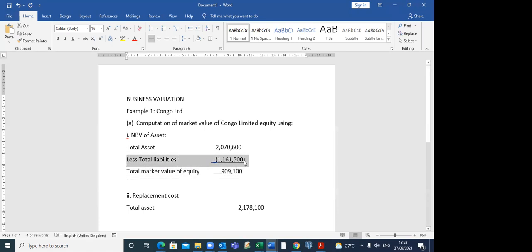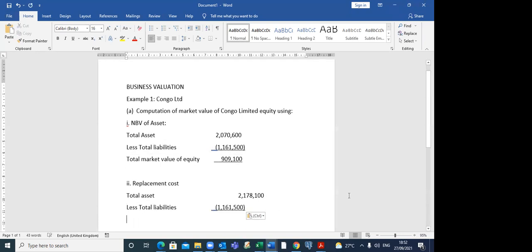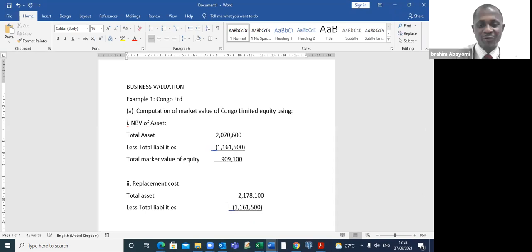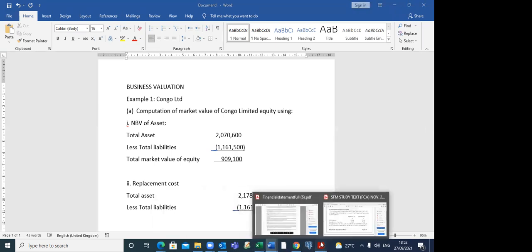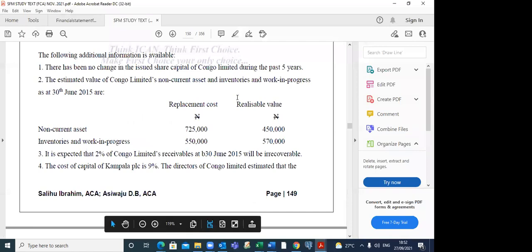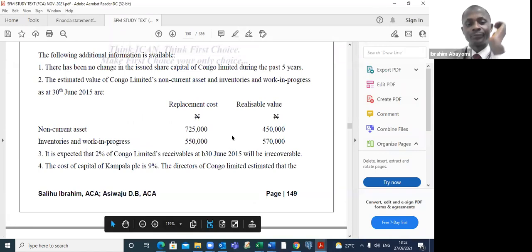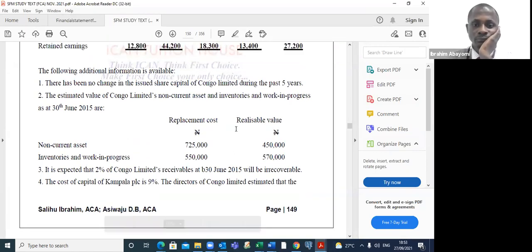Can you put the breakdown? The breakdown of what we added. Are you writing?